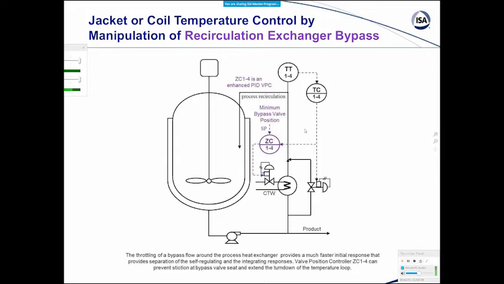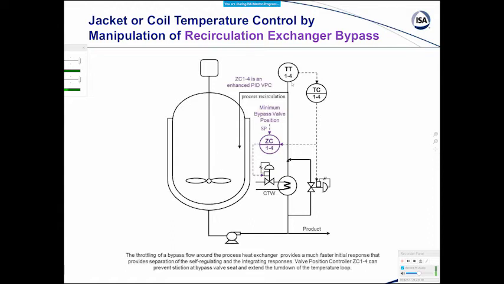So here we see the fact that we're controlling the exit temperature of the heat exchanger, and it has a self-regulating response, and it's pretty quick at this point compared to the vessel temperature. And this vessel temperature must have a much slower response because they have a cascade control system, and you want the primary temperature controller on the vessel to be much slower and gradual.